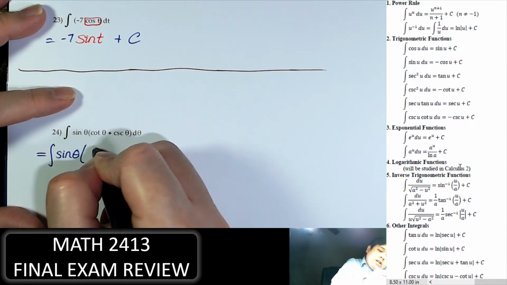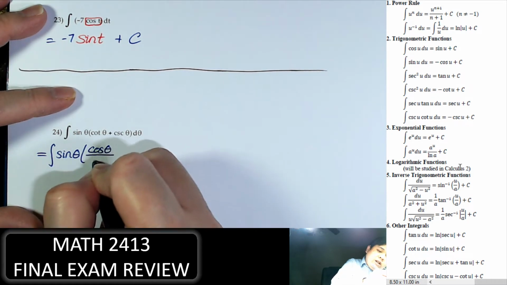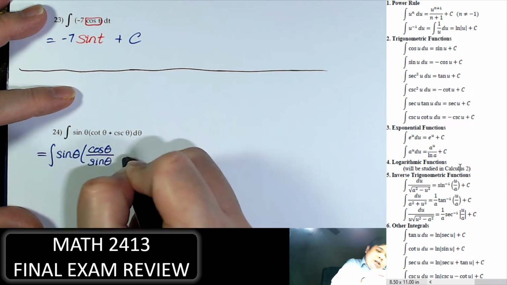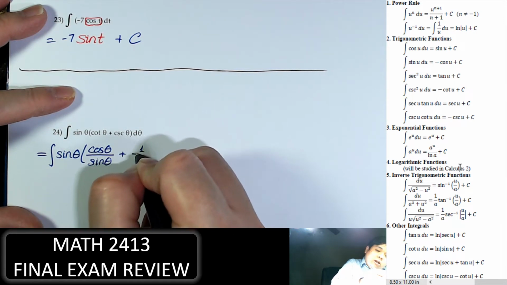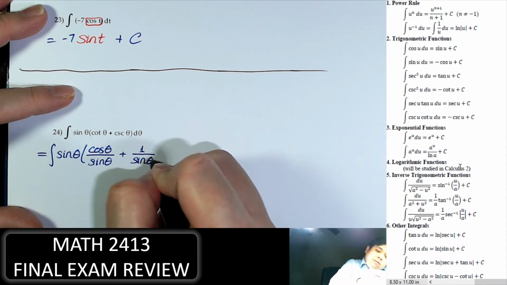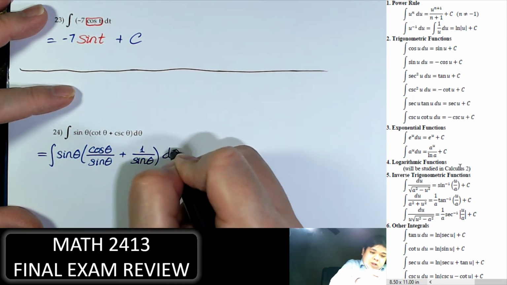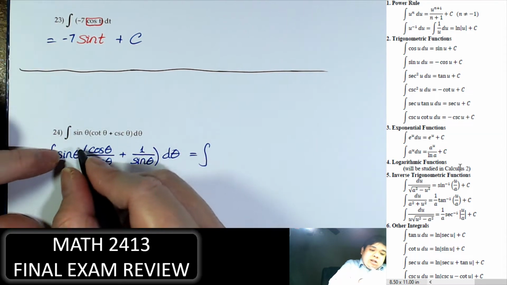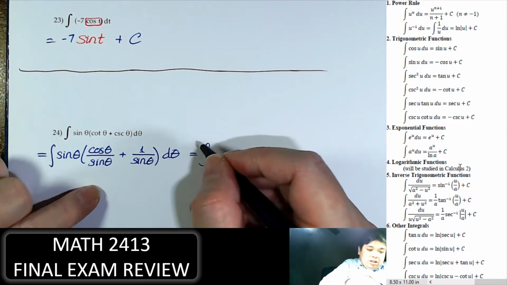Right, cotangent is cosine over sine, and cosecant is 1 over sine. Now multiply it out. Sine times sine cancel out.